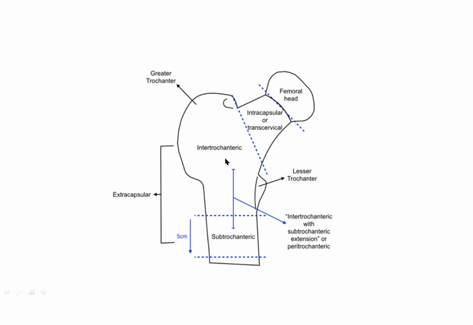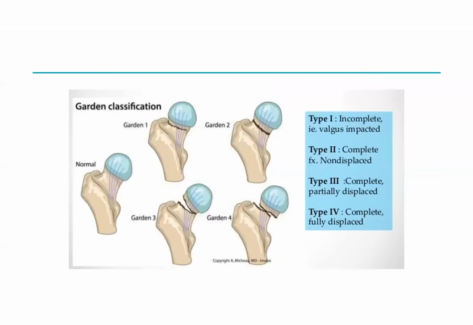Any injury that happens outside of this, so in the intertrochanteric region or in the subtrochanteric region, is an extracapsular fracture. And these are important because it affects the way that we're going to treat those injuries.